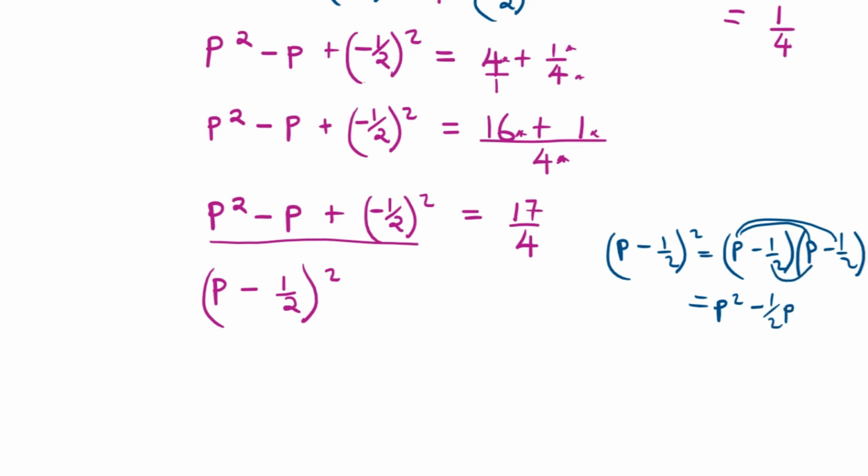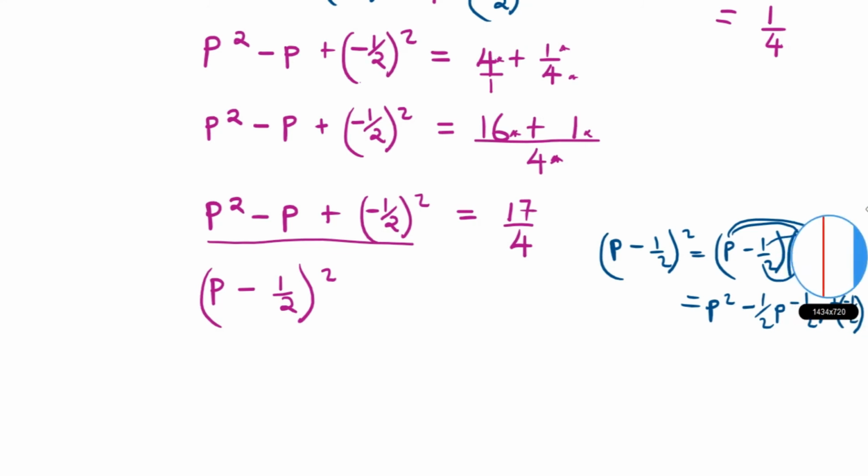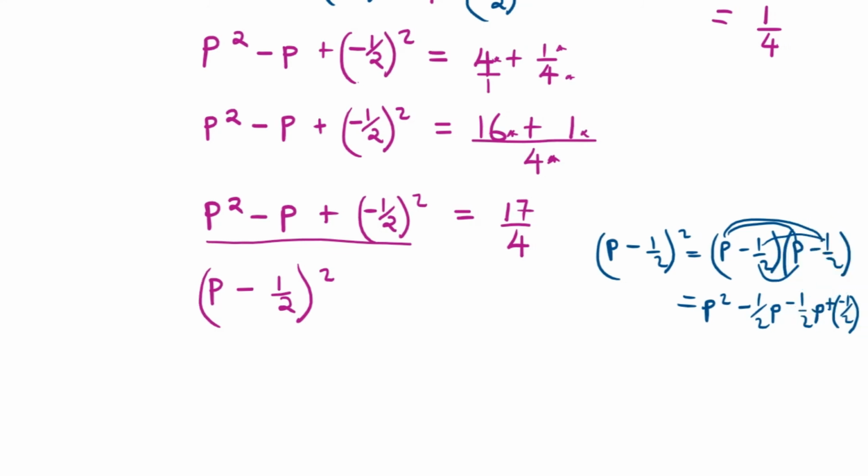Negative half times p is negative half p. Then negative half times negative half, we'll say it's plus negative half squared.